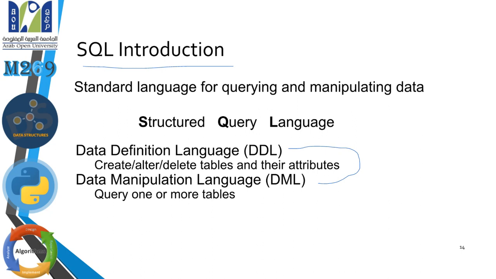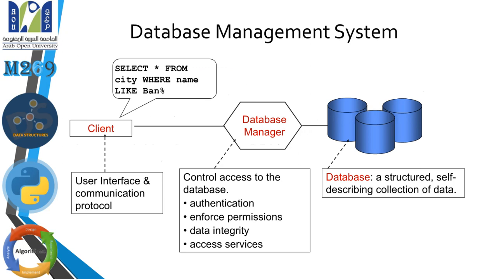In DDL, we use the language for building and creating new tables, deleting, modifying, and updating attributes of the table. But the DML is used to query tables and extract information.